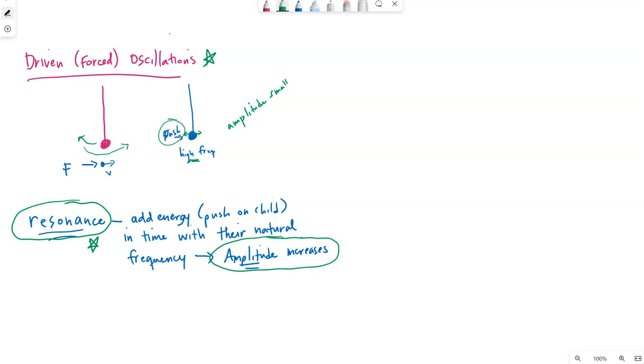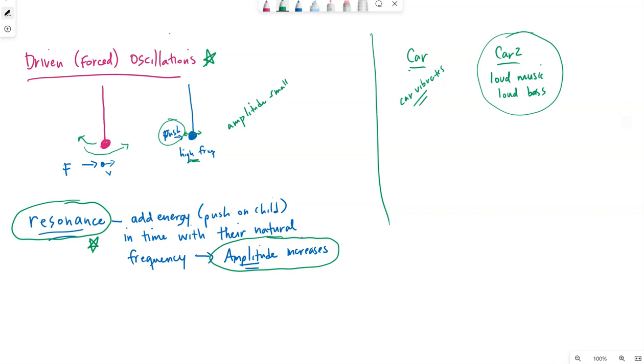If you've ever been in your car, for example, and you're waiting at a stoplight, and another car drives up next to you with loud music and the loud bass sounds, well, you may have noticed, if you've experienced this, that your car vibrates. Like you can feel the bass, that motion of your car exterior. And that's because this loud bass is a form of energy.